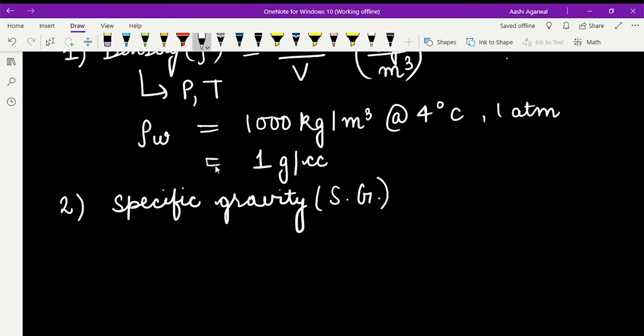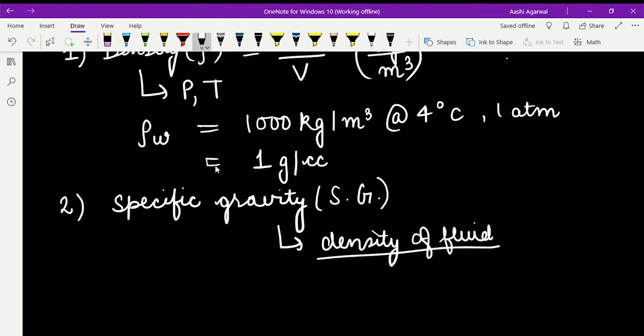It is relative, in terms of a standard fluid. So I can write specific gravity is the density of any fluid to the density of a standard fluid.